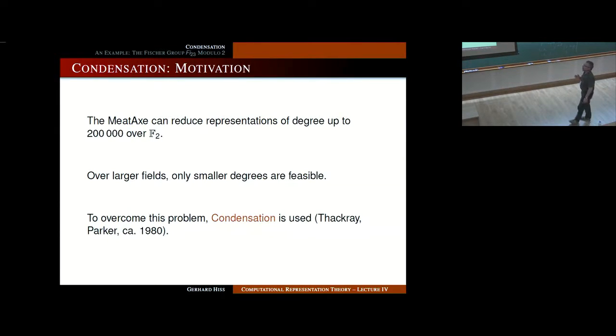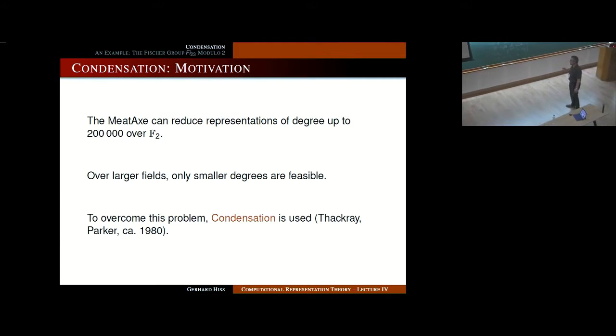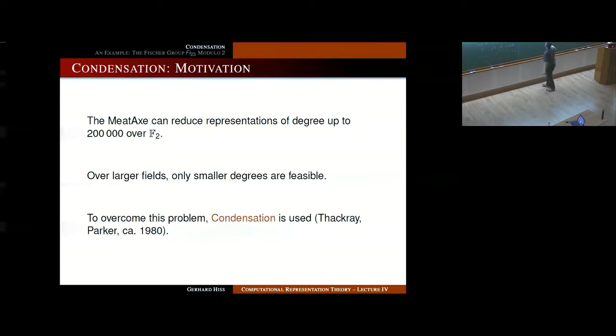And I mean, recently I have heard a talk where someone was talking about condensation, and essentially this guy told the audience, and there is some truth in this, condensation just means that instead of a big matrix, you look at some upper left square corner of the matrix. Well, it's not exactly like this, but this is the idea.